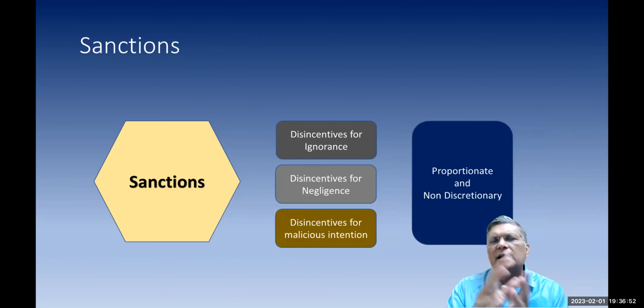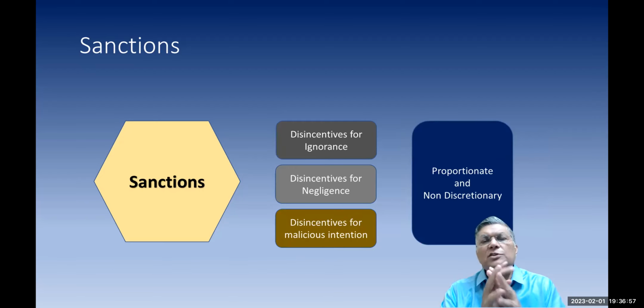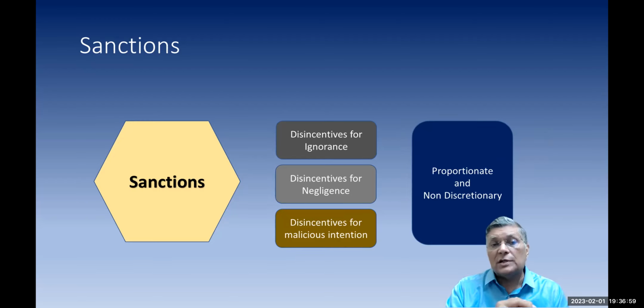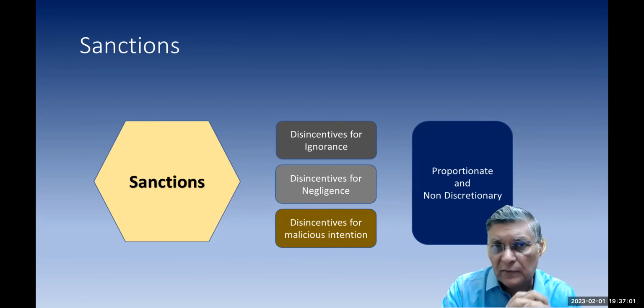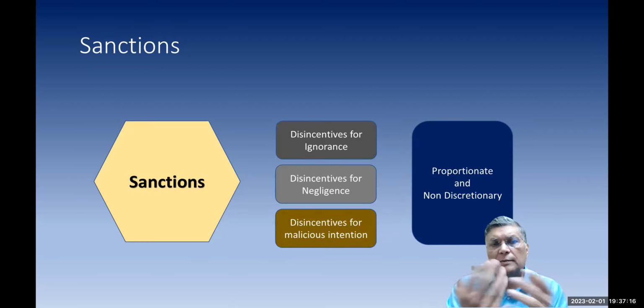Now, sanctions, on the other hand, are the disciplinary proceedings which we take when a person actually has been non-compliant. These sanctions again have to be proportionate and logical. So there could be disincentives for ignorance, which is the base thing.